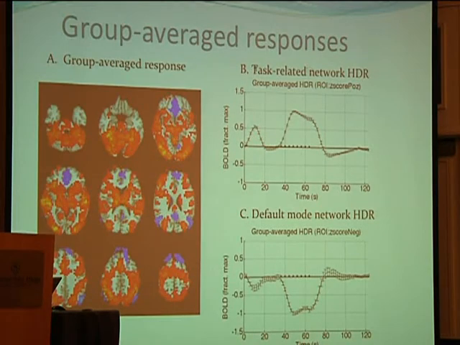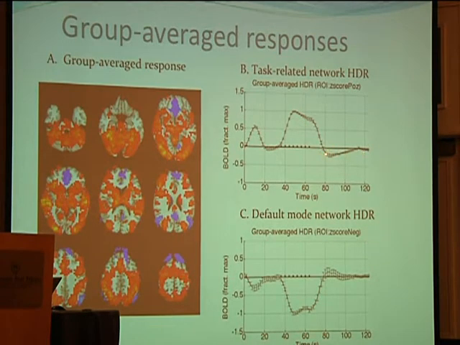And so the task was designed so that we could look at both the response to a single trial of the tell-time task and also at the block. So you can see that there are two responses. One is a transient response to a single task, and then a larger response to a block.